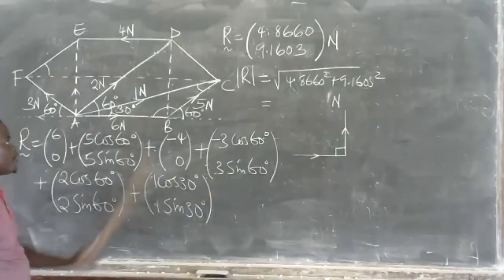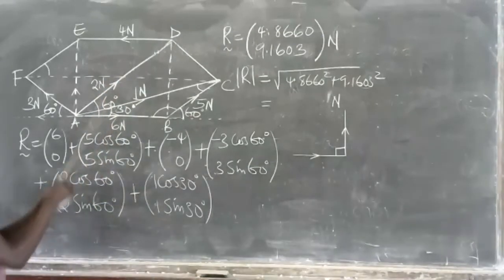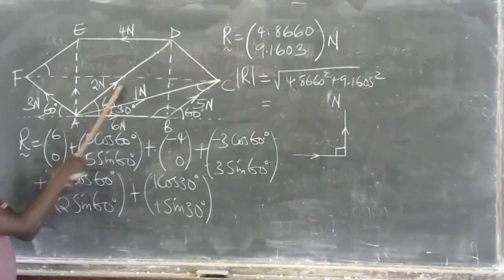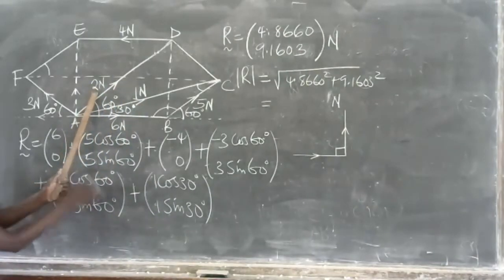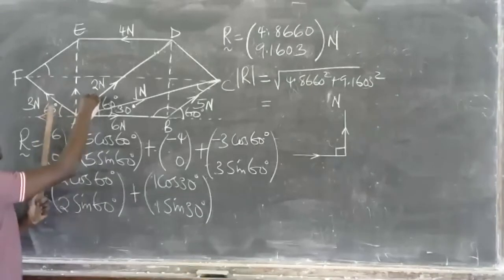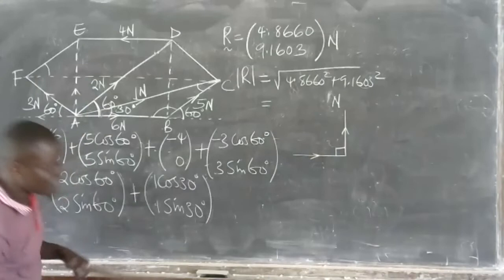Yeah, that is 3. So we are left with these 2 forces inside. We have the 2 newtons force and 1 newton force. So for the 2 newtons force, the angle the diagonal ED makes with the horizontal is 60 degrees.